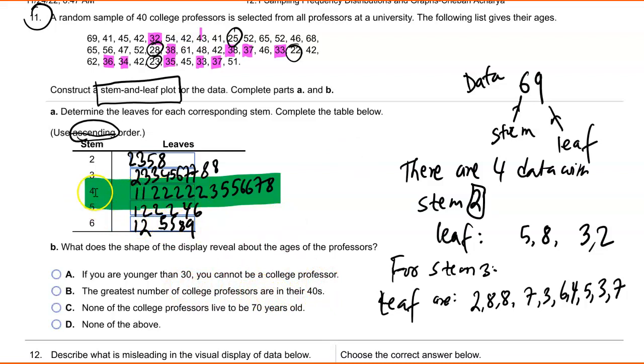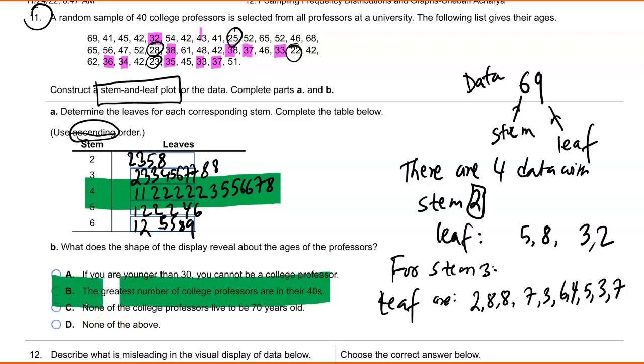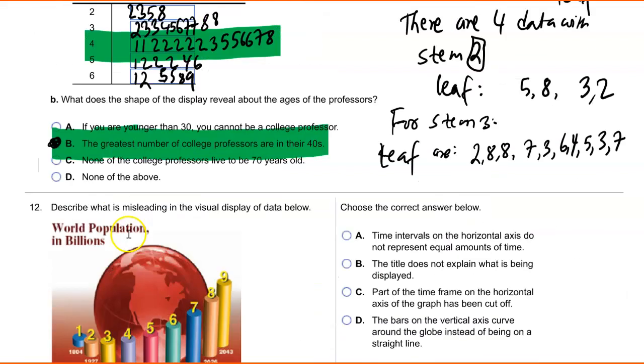There are many college professors in this data in their 40s. Therefore, the answer is B. The greatest number of college professors are in their 40s. That's the answer for part B.